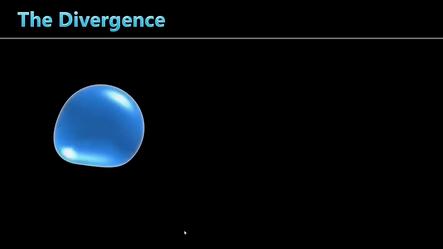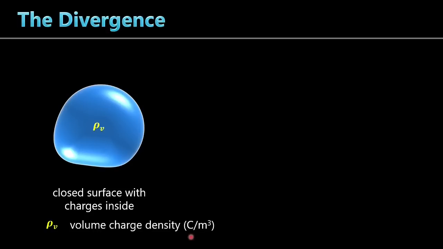To illustrate the concept of the divergence, consider a closed surface containing electric charges inside of it. Okay, so this closed surface has charges inside of it. And because there are charges inside, meron siyang tinatawag na volume charge density. So this rho v is the volume charge density, which is measured in coulombs per cubic meter.